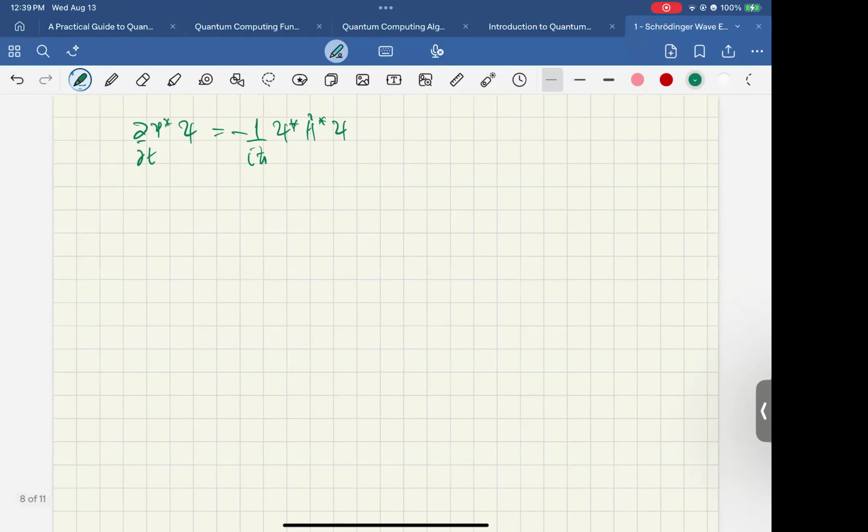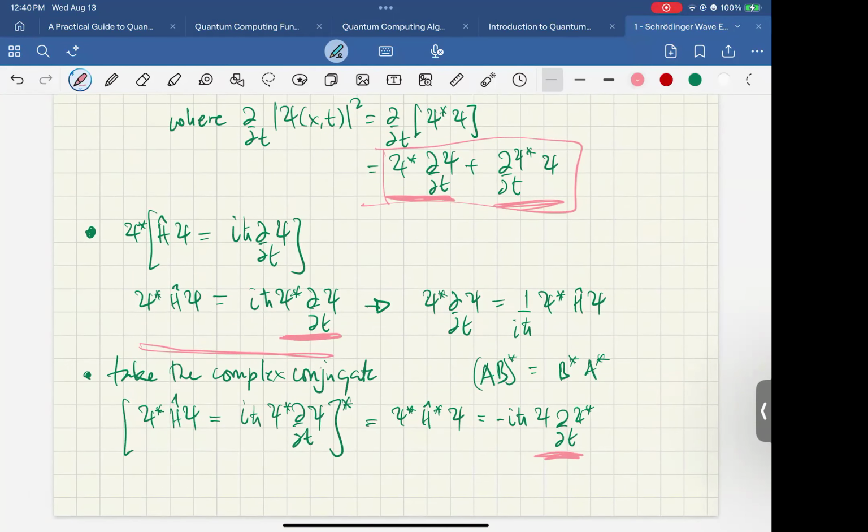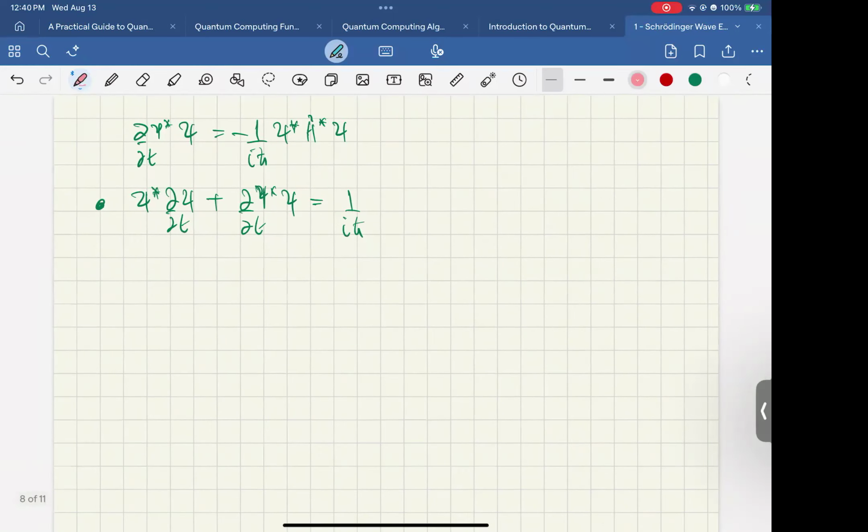So psi star partial with respect to t of psi plus partial with respect to t of psi star psi is equal to 1 over iħ. The first term, recall, is this one, and the second term is this. So iħ, psi star H psi minus psi star H star psi.